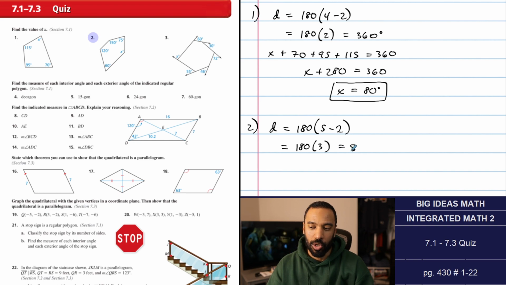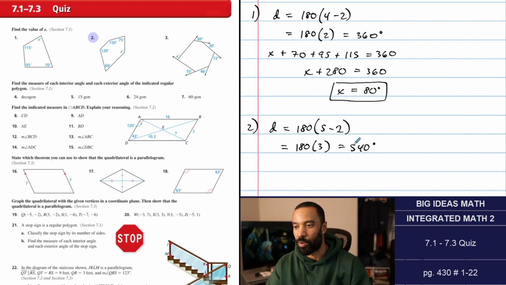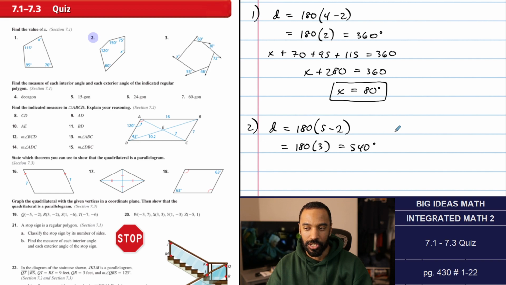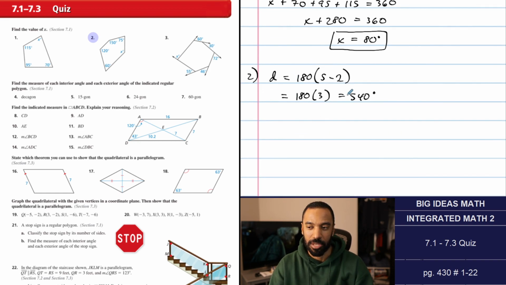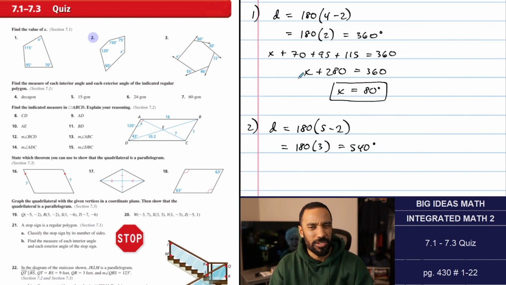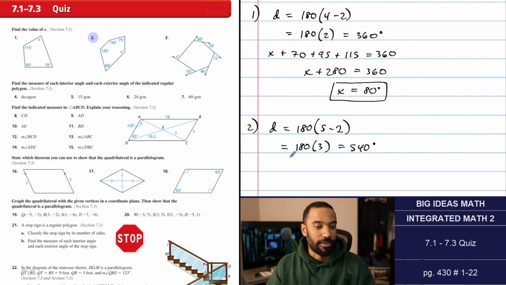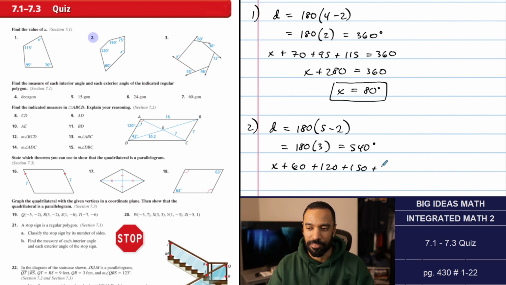Now, I've spoken quite a bit in section 7.1 regarding how this interior angle sum formula comes to be, the 180 times n minus 2 bit. It has to do with the number of triangles in your drawing, in your polygon. But look to those videos for that. Look to 7.1 for that. Okay, so right here, we're going to add x with 60, 120, 150, and 75.